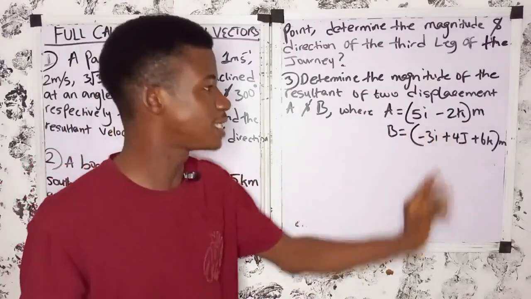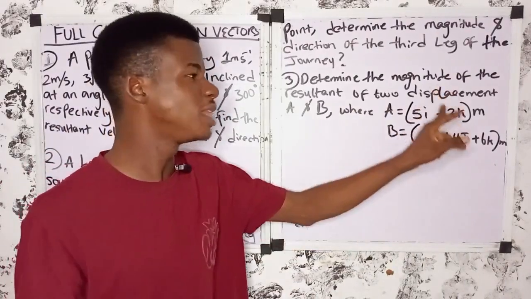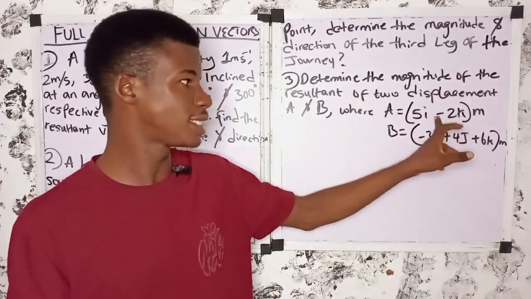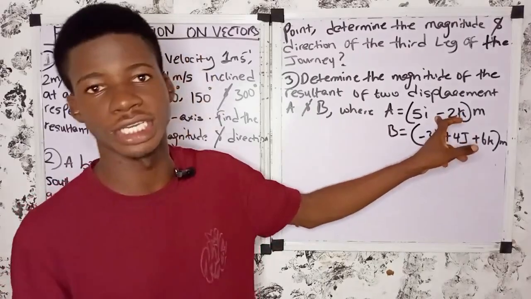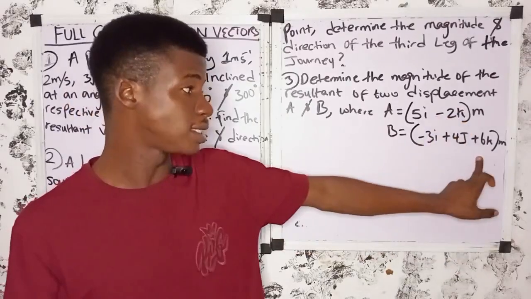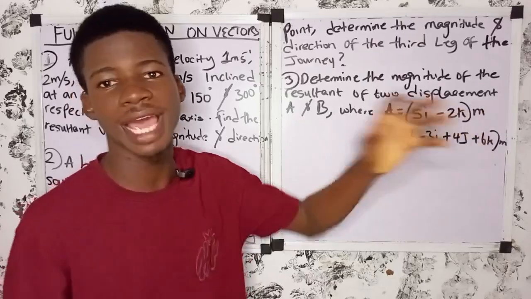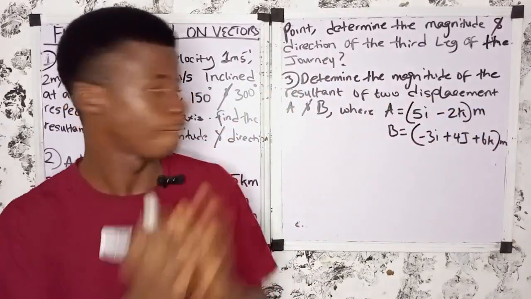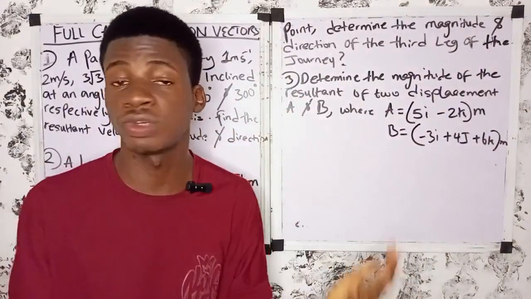We add 5 and 3 together. Don't worry about j: A does not have any vector that carries j, so it will be 0. Then you see 6k and 2k; we add 2k and 6k together. Since A does not have j, 4j will stand alone.